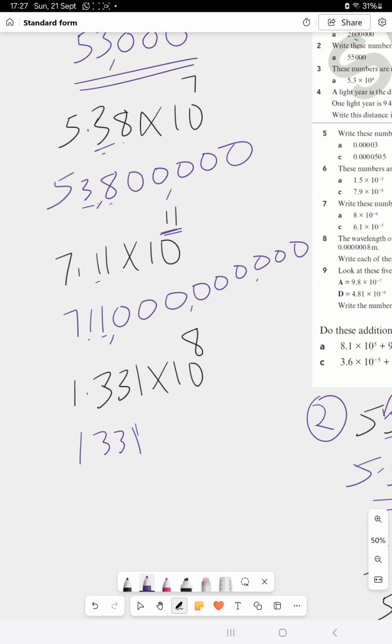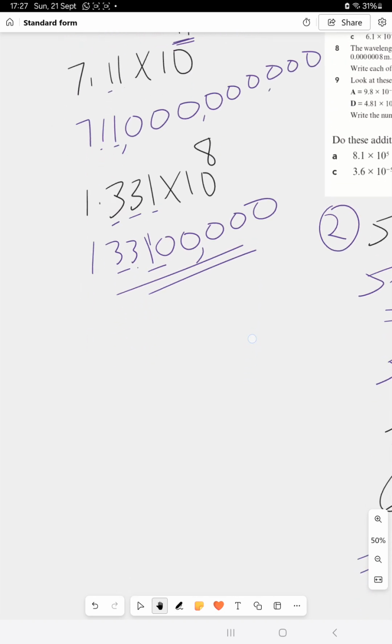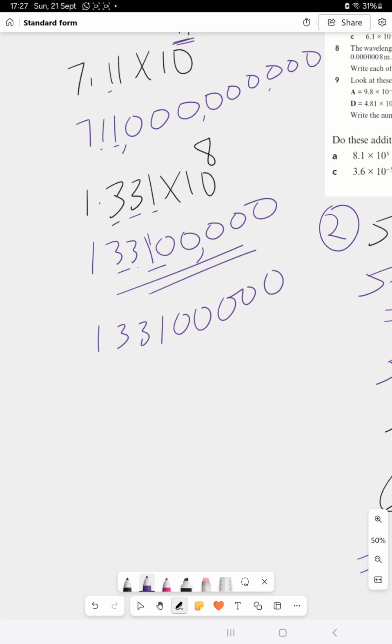Then you start here and count 1, 2, 3, 4, 5, 6, 7, 8. And then you have written that number. So the final answer for this one, let me write it here, just for clarity, will be 1.331.0000, like that. Now you have written that number in full.